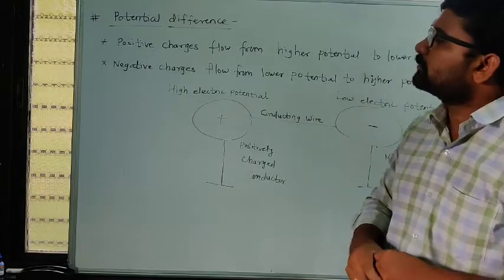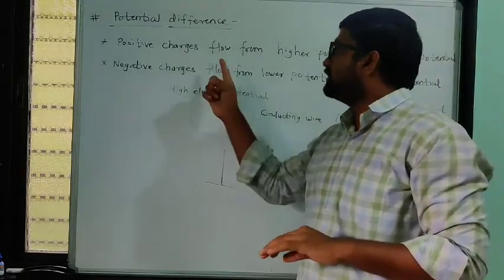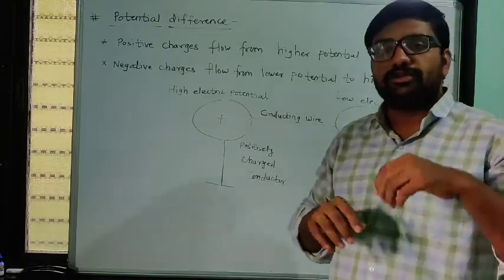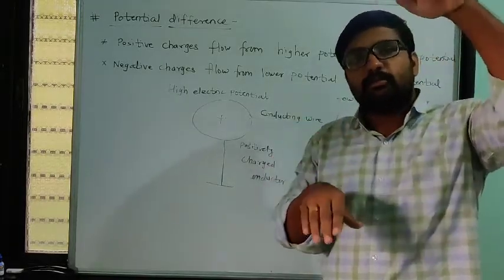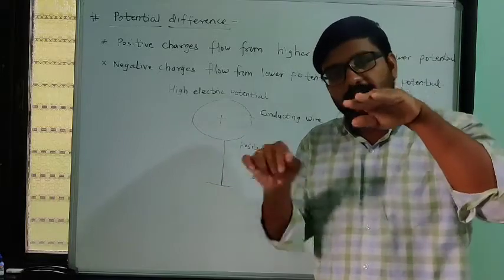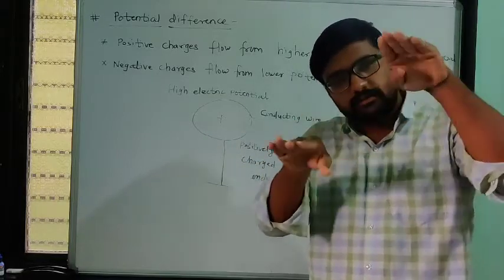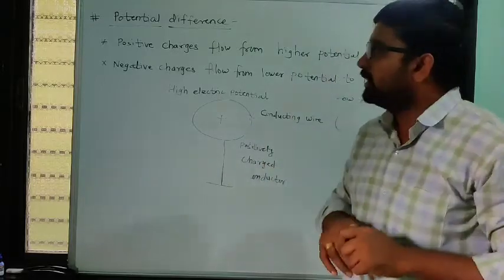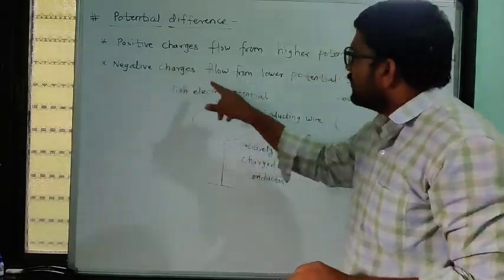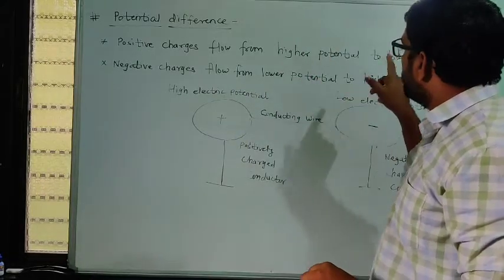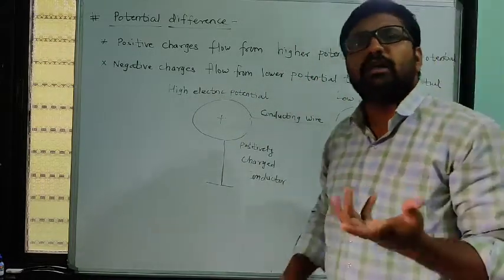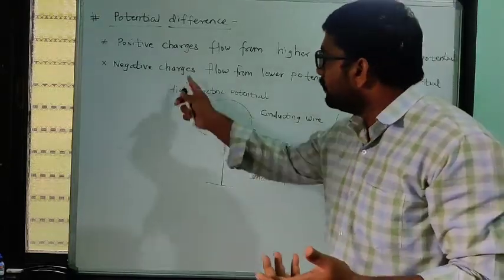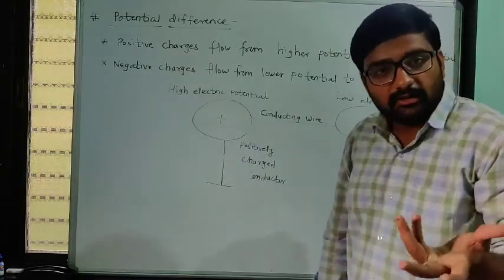So we know positive charges flow from higher potential to lower potential. Suppose this is higher potential, this is lower potential, then all the positive charges flow from higher potential towards lower potential, and negative charges flow from lower potential to higher potential. Negatively charged means simply electrons.